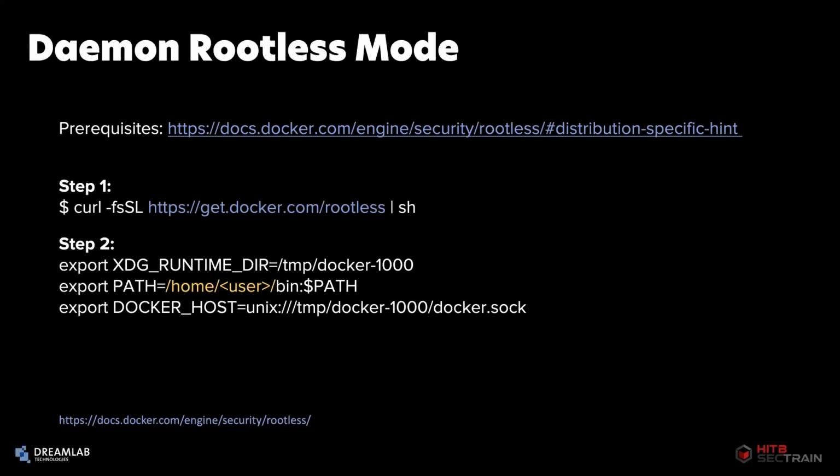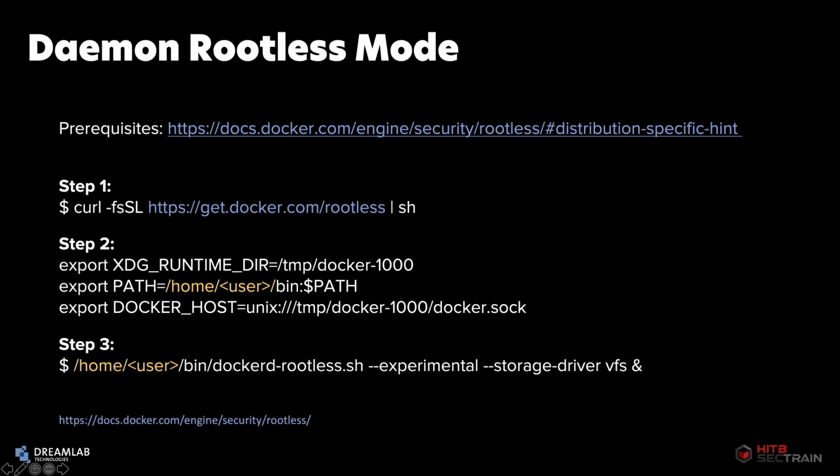It uses paths where a non-privileged process can read and write, right? Finally, we can just run the Docker daemon in rootless mode by executing this command. And in the latest version of Docker, it's not necessary to pass this flag. The experimental flag is no longer necessary. And also the storage driver specification is not necessary for some specific distributions.